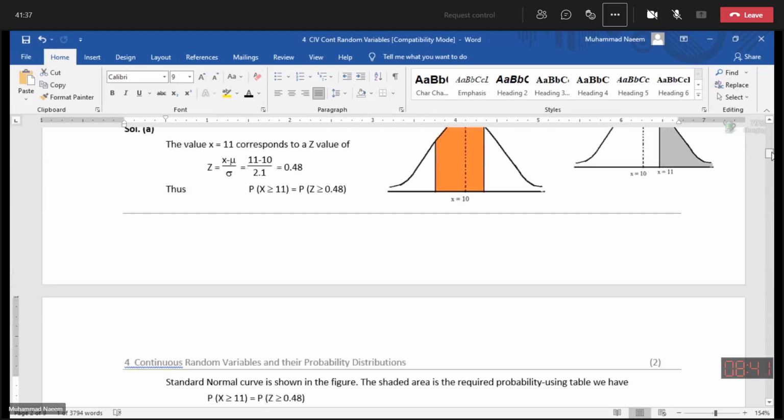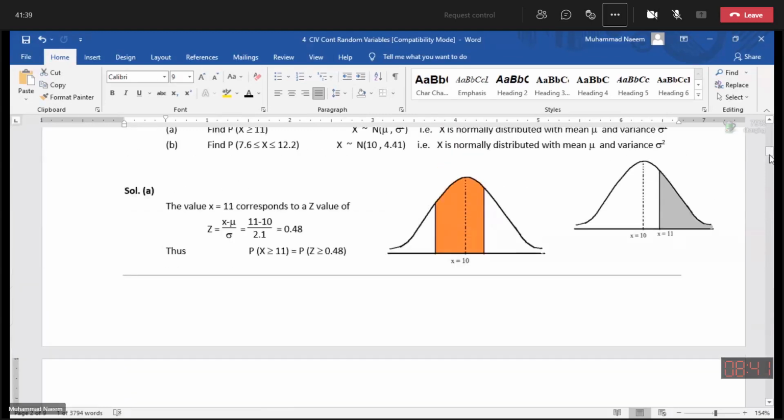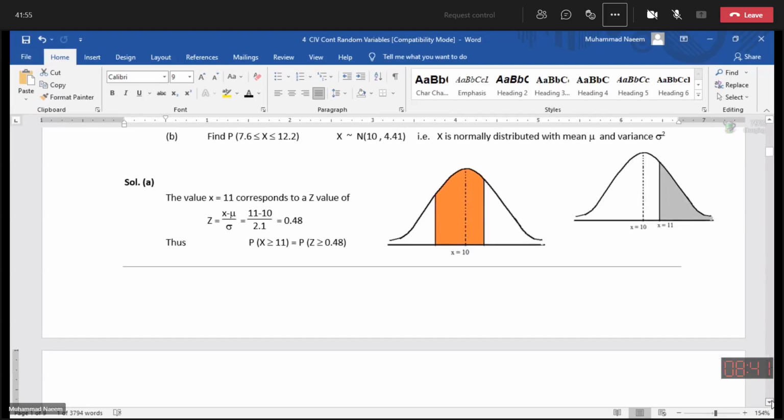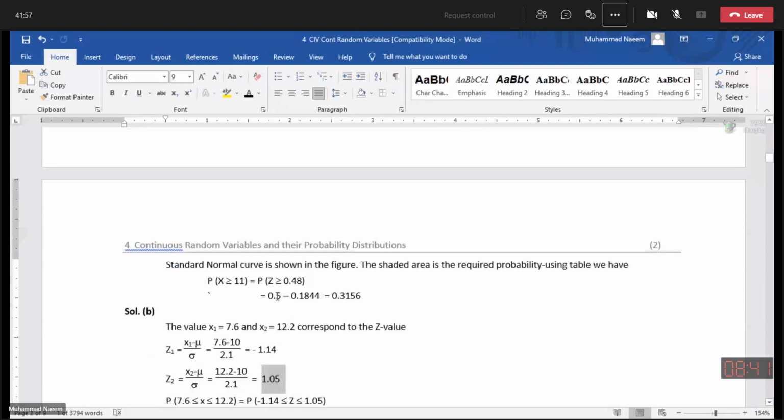Now we use the table. For z equal to 0.48, the table will provide this area from center to this point. That's why we will subtract this tabulated area from 0.5. This is the tabulated area. 0.5 minus tabulated area, we will get the required probability.